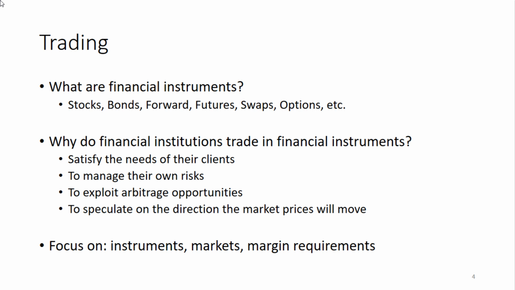There may be large corporations which are exposed to, for example, currency risk or interest rate risk. They reach out to a bank, where the bank acts as a market maker, and say, could you please help me to reduce this risk that I have? That may be one of the reasons why the financial institution becomes active in the financial market.